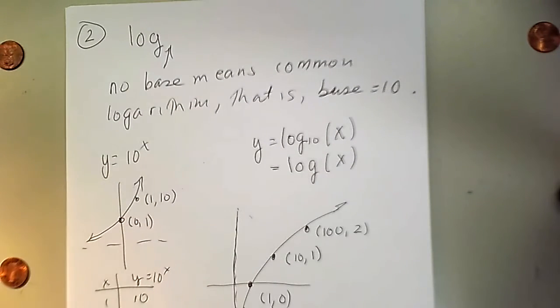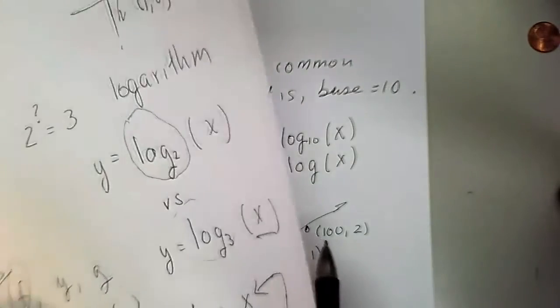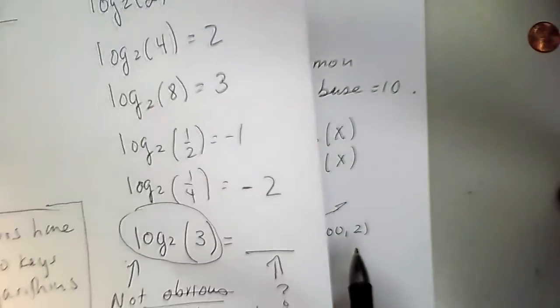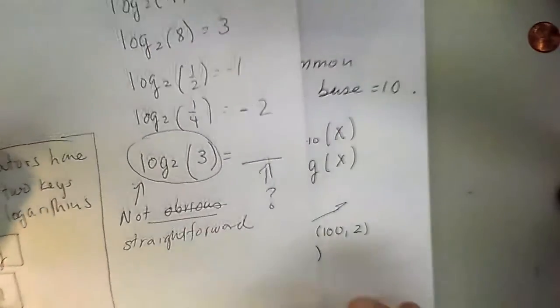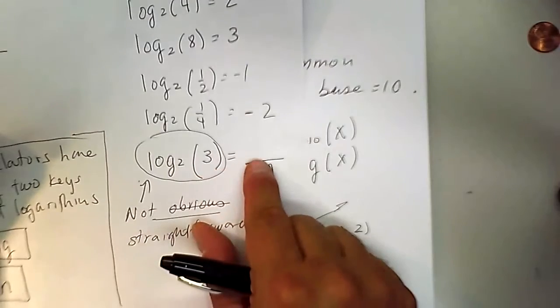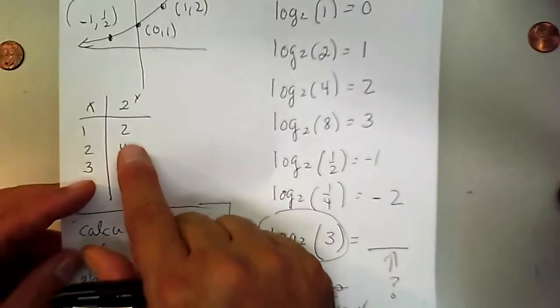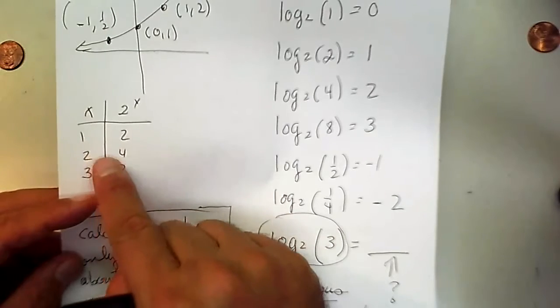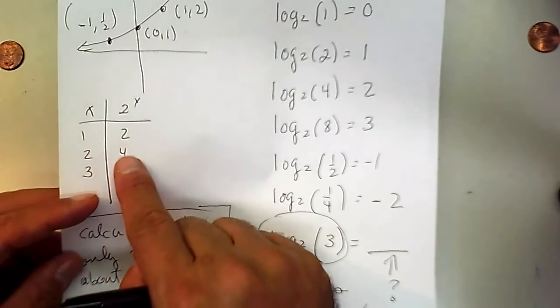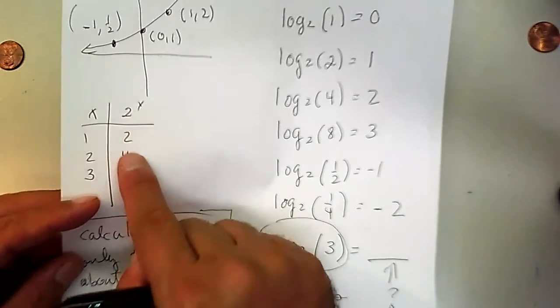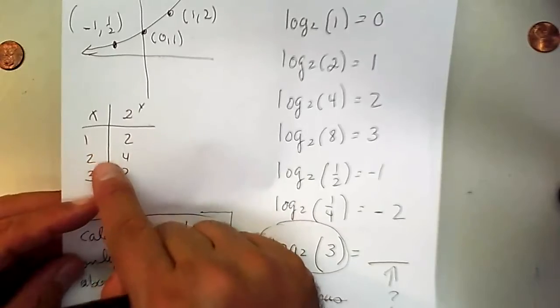So I want to go back to this question. I'm sure since you've been watching the video, you want to know this. How do we get the number between 1 and 2 that gives us 3? 2 to what exponent gives us 3? And the answer is not 1.5, by the way.